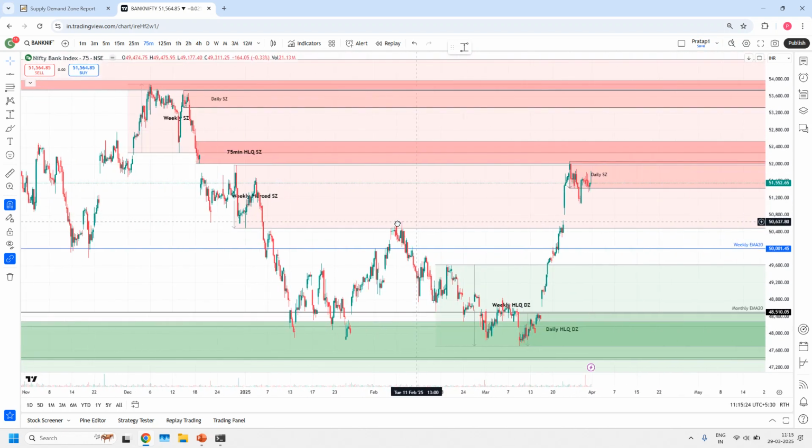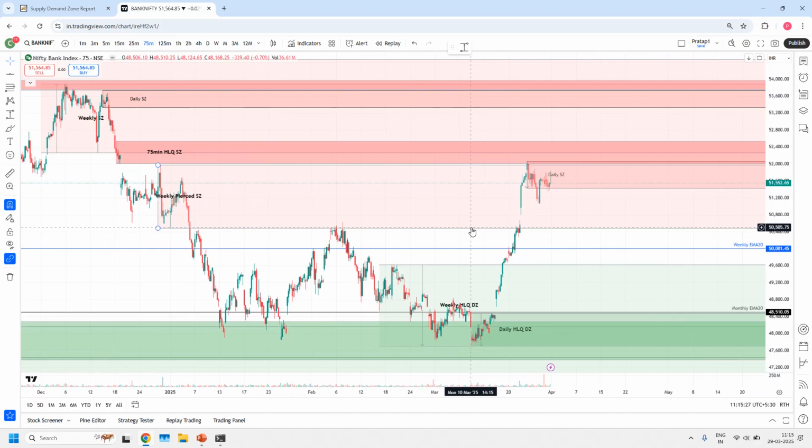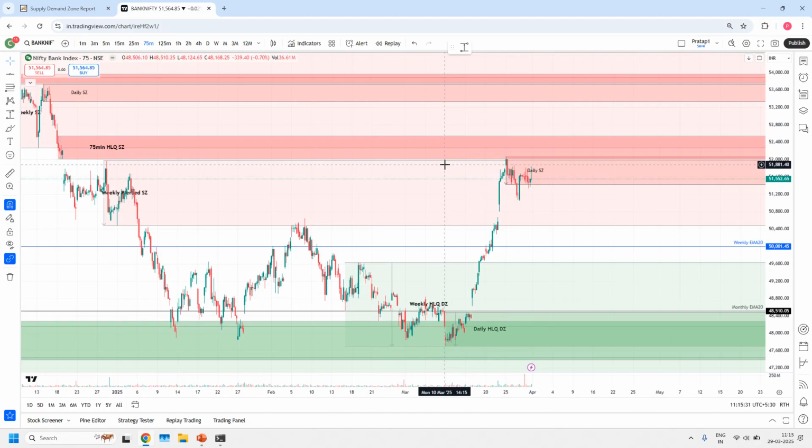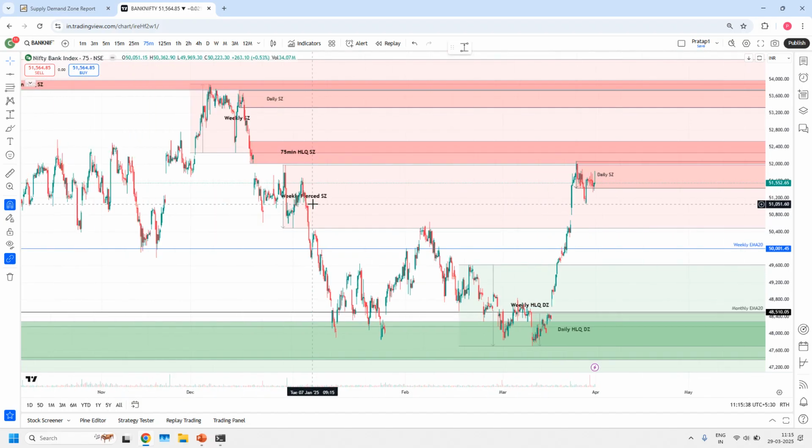So this is the immediately available. And from that 75 minutes, this is the reason behind piercing the weekly zone. This weekly zone is a pierced supply zone, right?